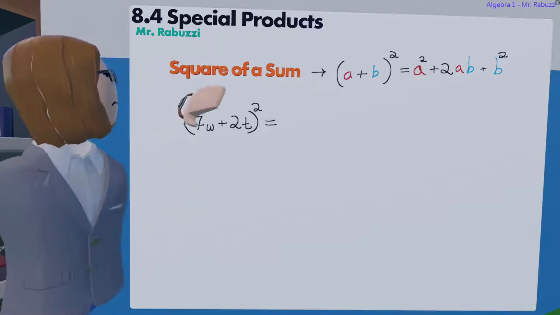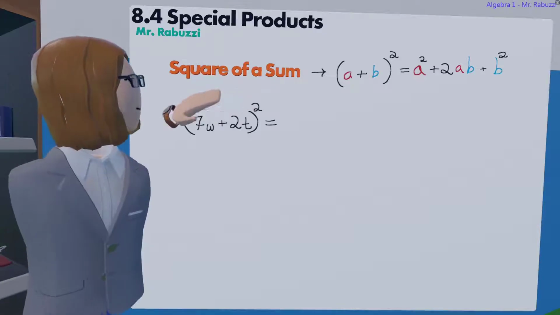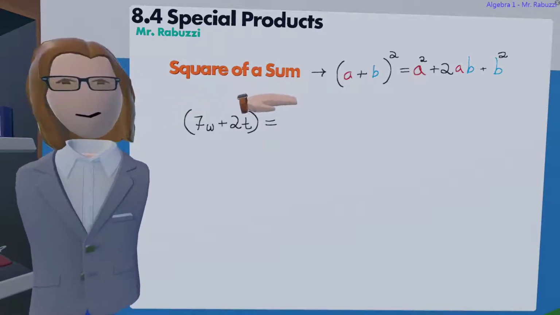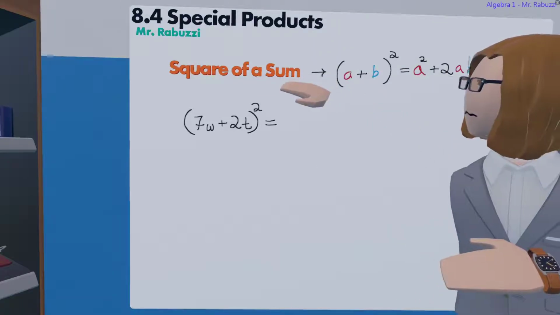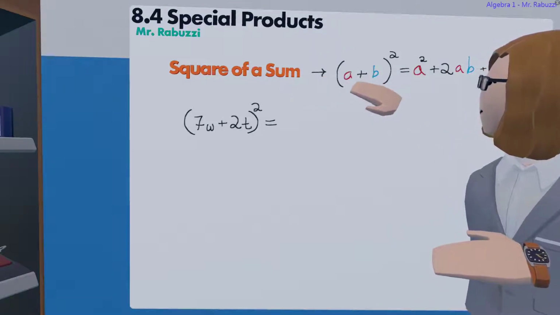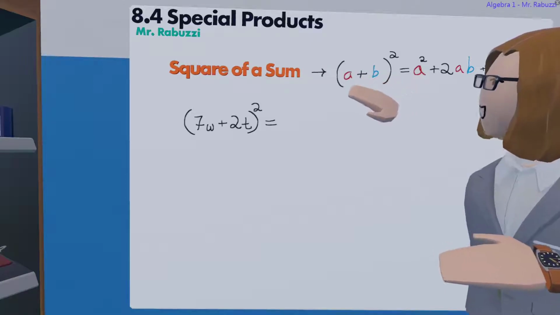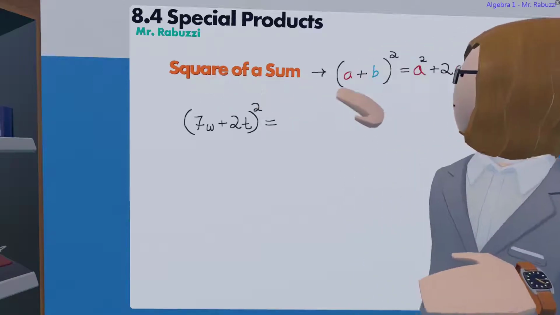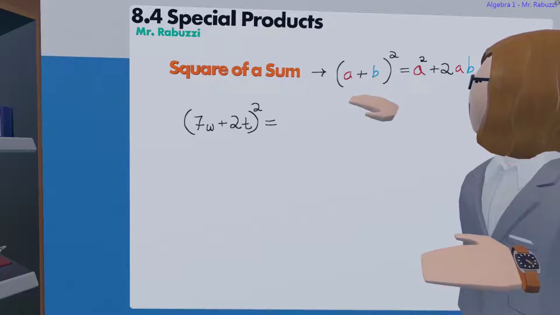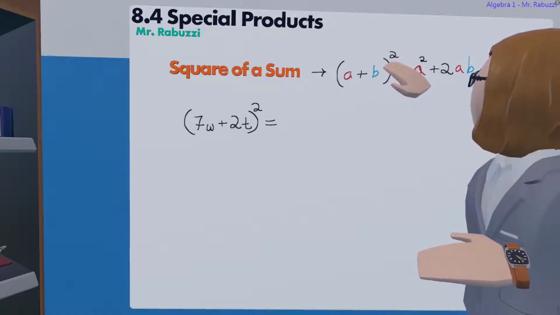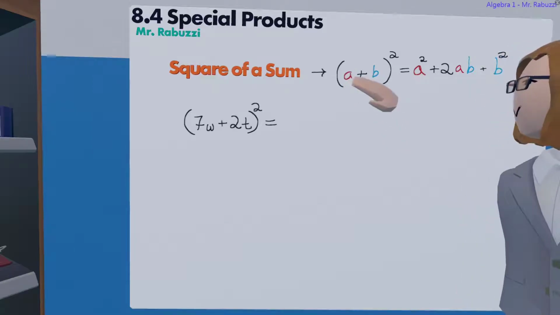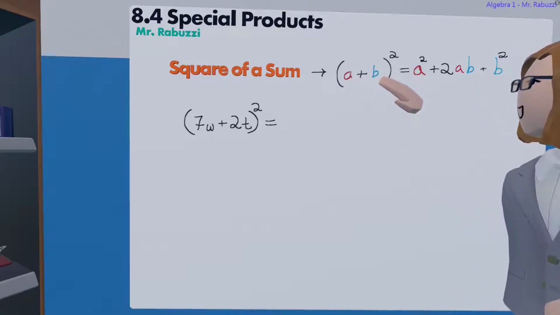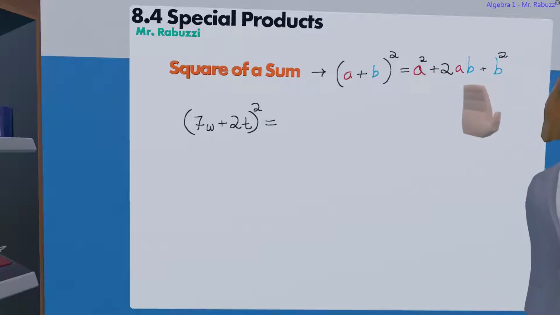So first we're going to talk about the square of a sum. Well, sum, let's break that down. A sum is adding. So we're adding 2 things together, and then we're squaring it. So something plus something squared. Whatever we have squared, if it's 10 plus 64, that's just numbers, we can do it.